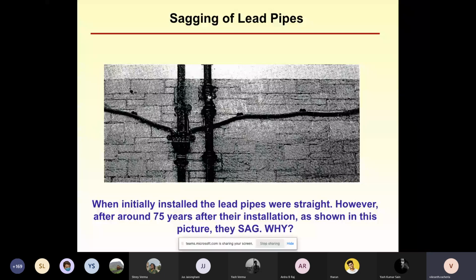So it undergoes creep. Depending on the temperature, creep can take a lot of time to happen. But even for creep to happen, there has to be some stress within the material. What is causing the stress? Because of dead weight itself.